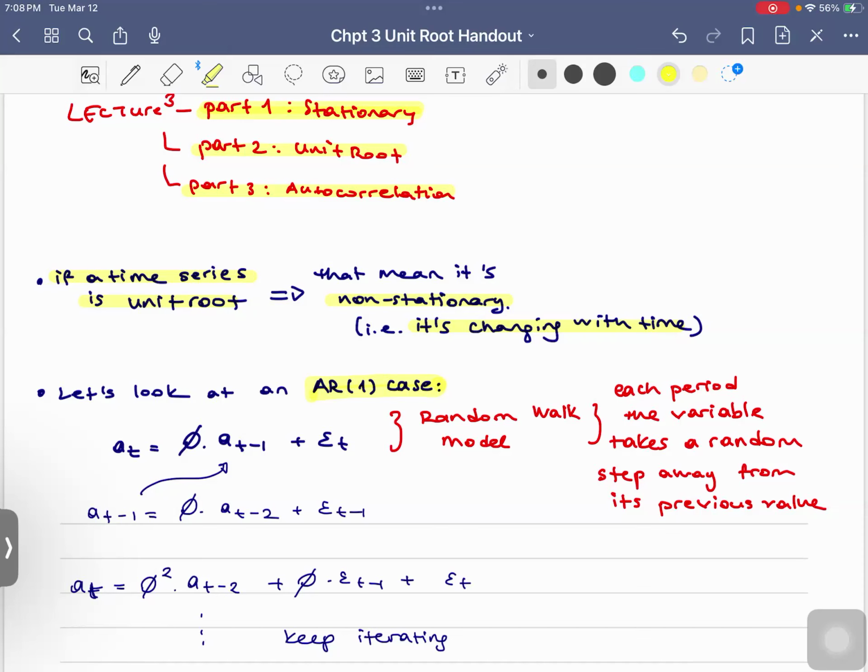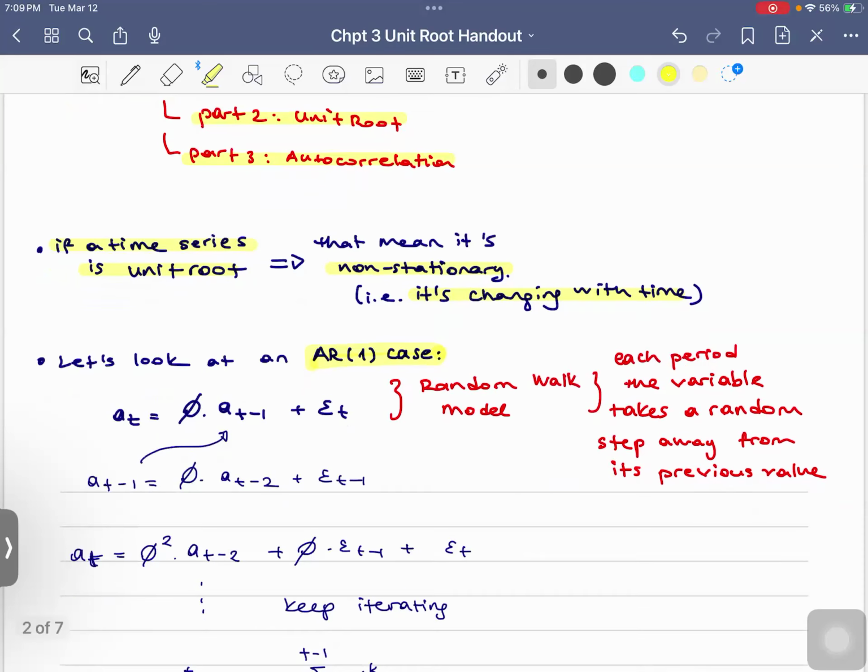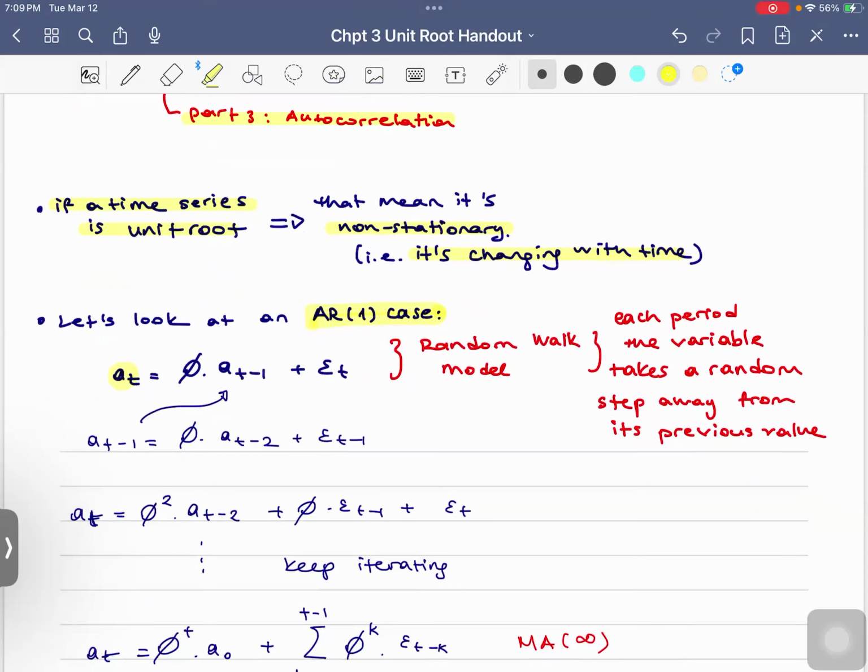So just to refresh our memories, an AR1 process is basically when we write our series as a function of its past values and an error term. When it's in this AR1 form, we also call this a random walk model, which means that each period, this variable takes a random step away from its previous value.